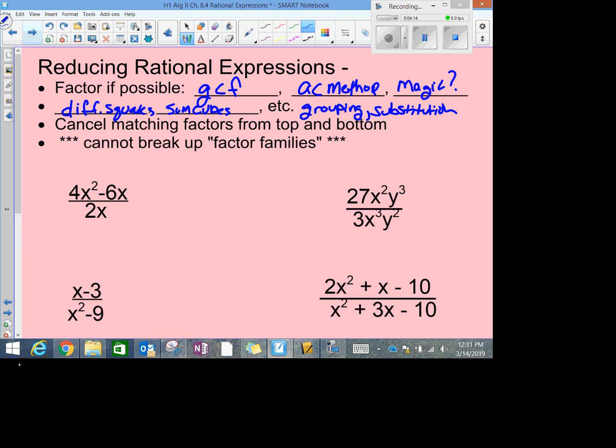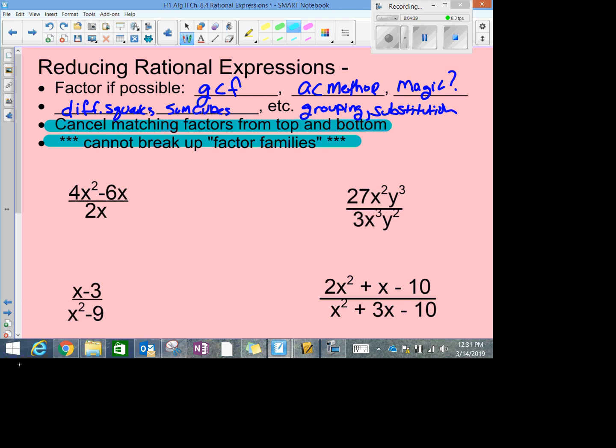First of all, you're always going to try to factor however you can, and then you're going to cancel out matching factors from the top and bottom. You have to be really careful, and this is the most important thing you can take from today: you don't want to break up what I call a factor family.